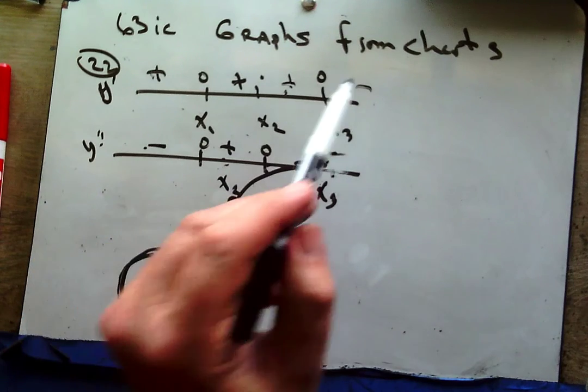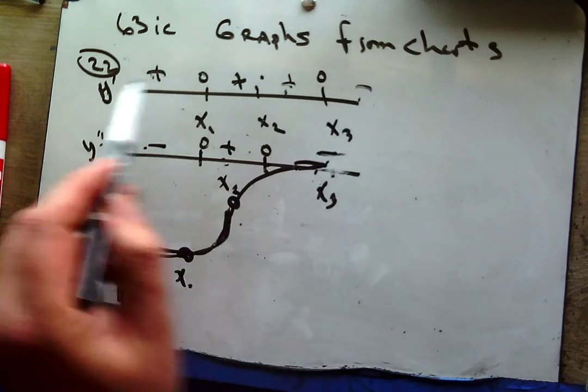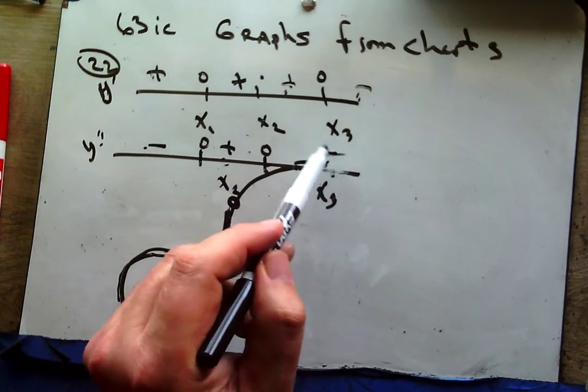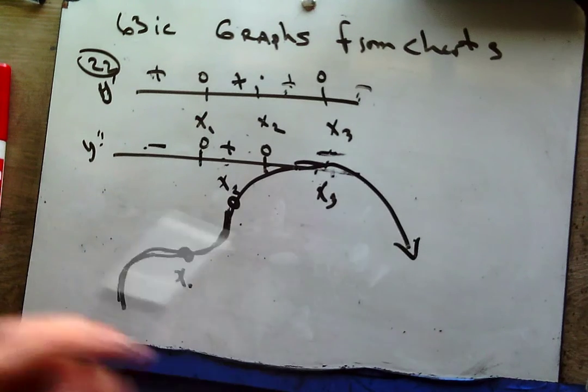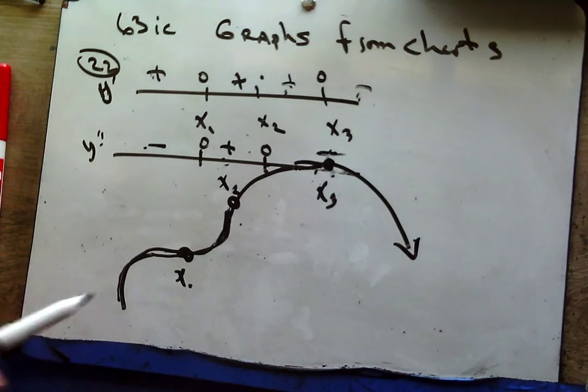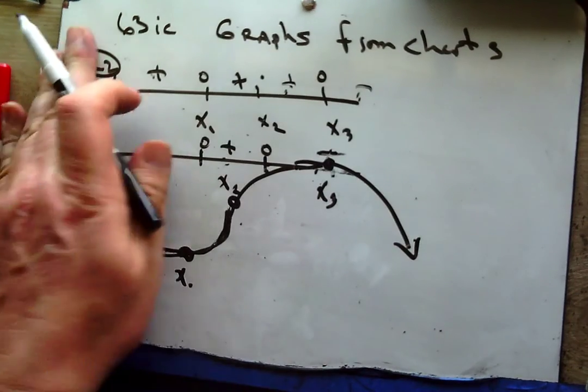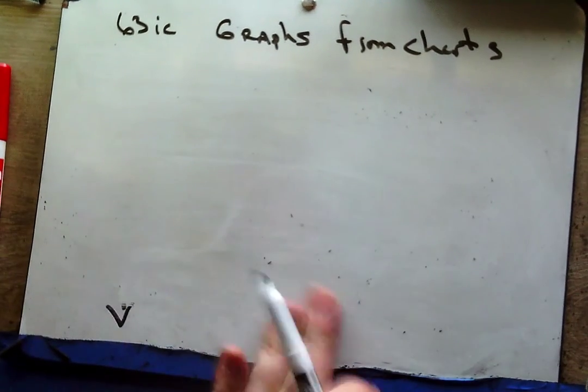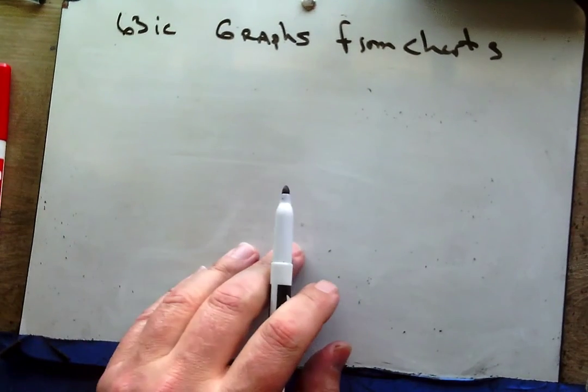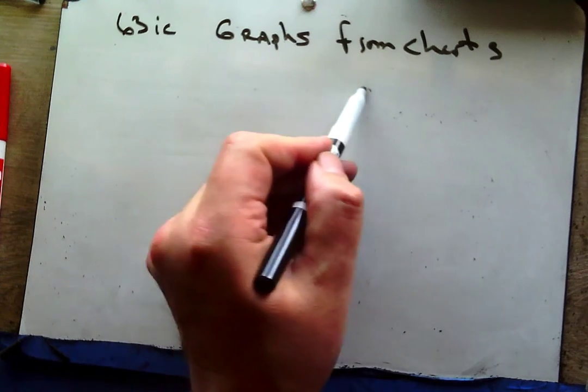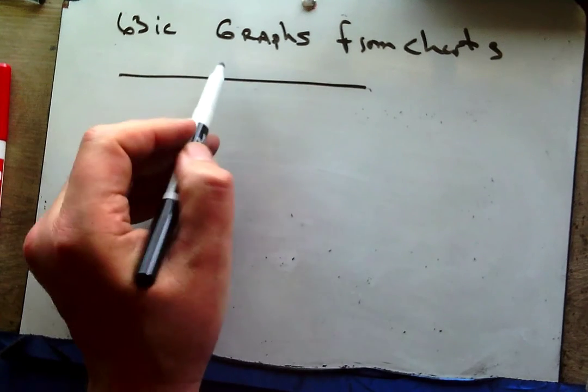And after x sub 3, y prime is negative, so y is decreasing and concave down, and so I have that. So there's my graph for 22. Okay? All right. So will you please now go and do problem 23? Go to 23, come back when you're done.